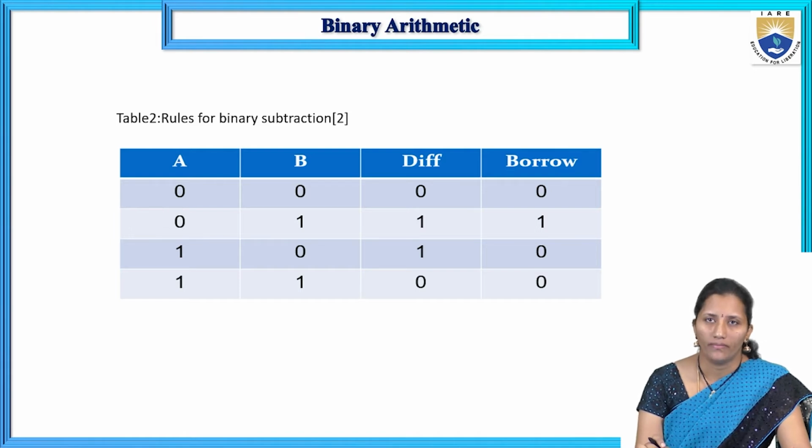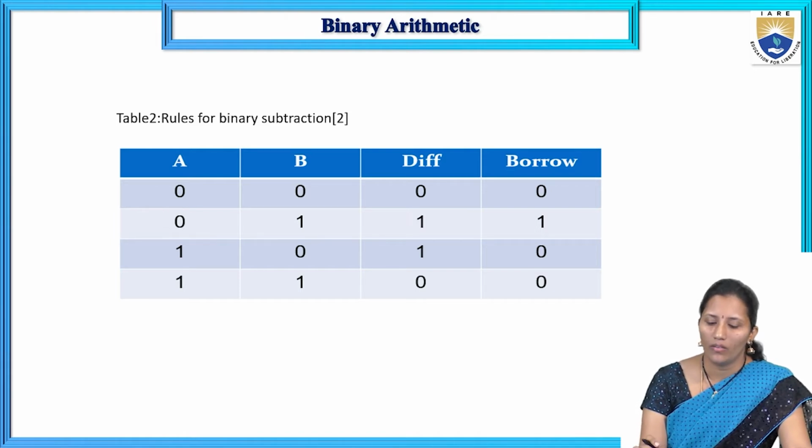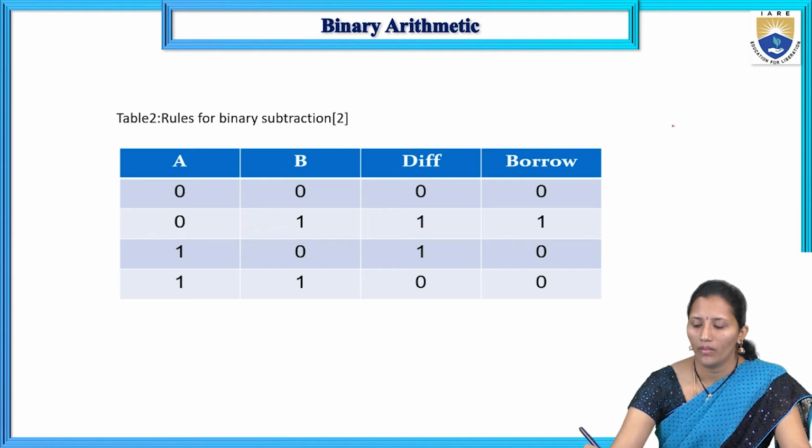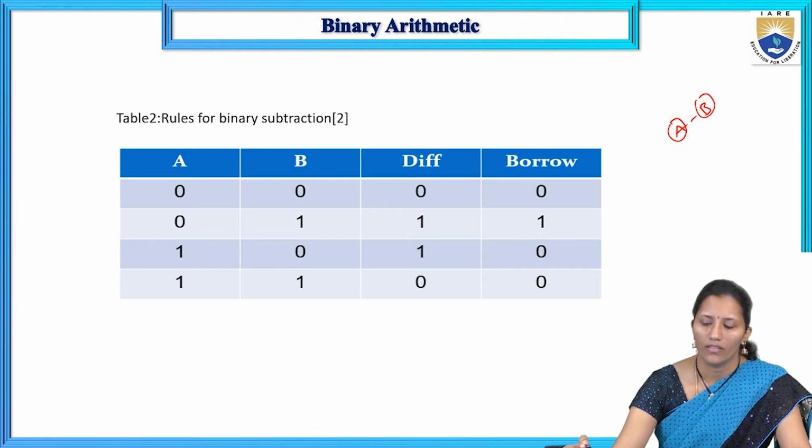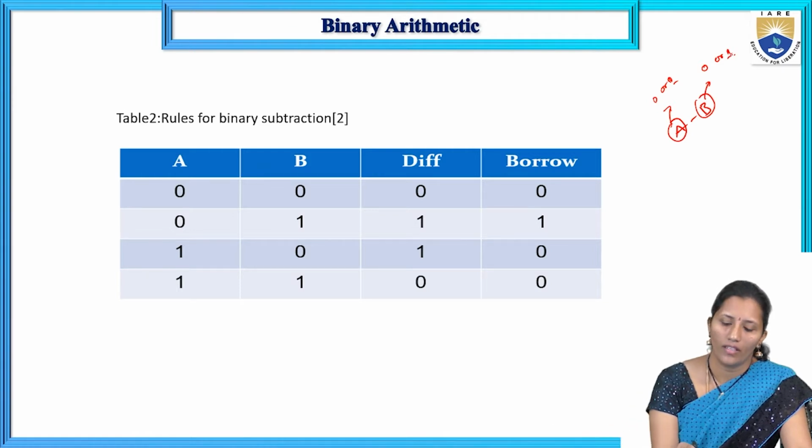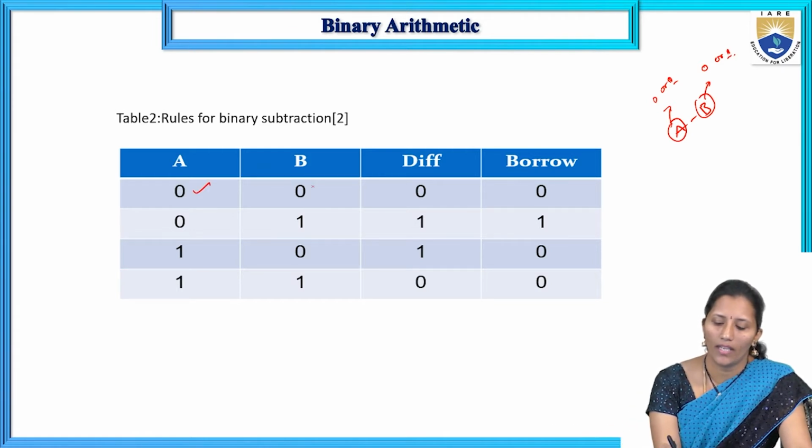Binary subtraction. Okay. So, suppose you want to perform A minus B. A is a single digit binary number. B is a single digit binary number here. Okay. So, A being binary means it may be either 0 or 1. B may be either 0 or 1. Okay. So, in the first one, 0 minus 0.